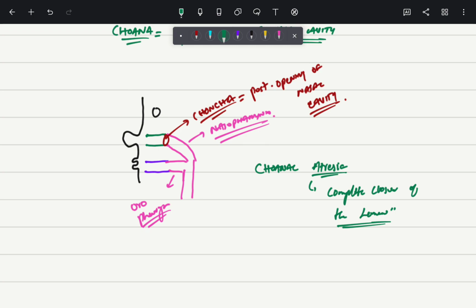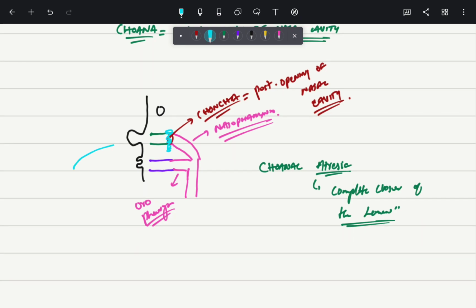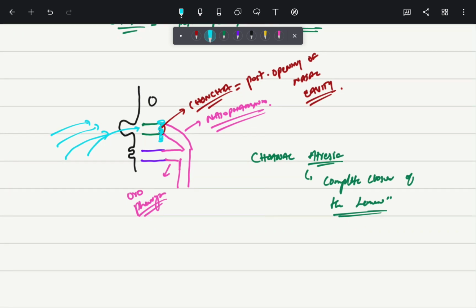Okay, so what is happening? In this patient, this opening is getting closed, so obviously the patient cannot breathe, right? The air cannot pass through the nasal cavity and nasopharynx into the lungs.